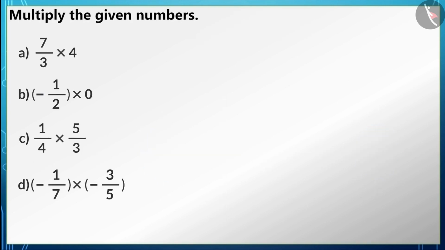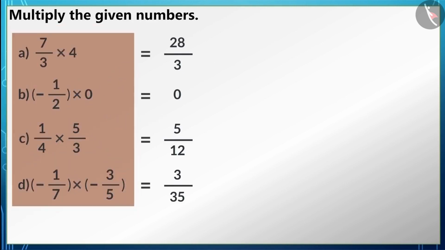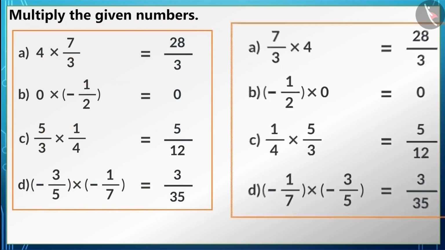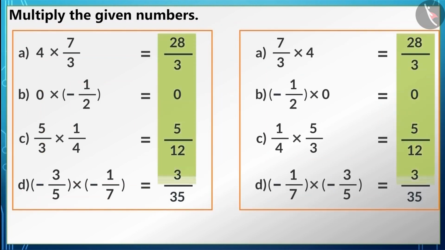Now all of you solve these questions. On solving these questions, you must have got these answers. Now change the order of these numbers and multiply. Sir, swapping the numbers did not change our answer.